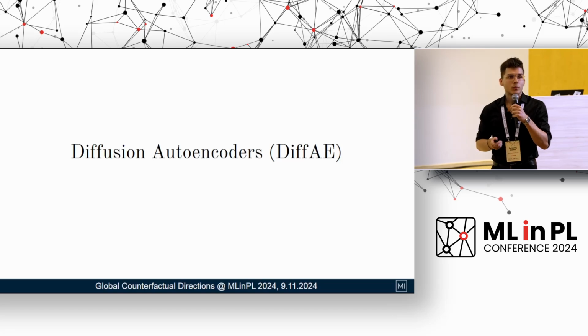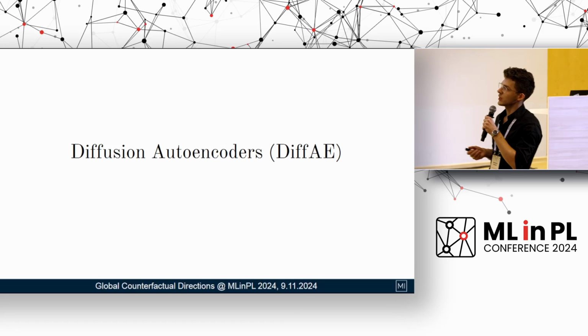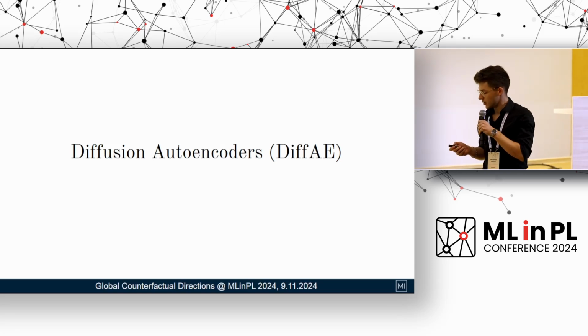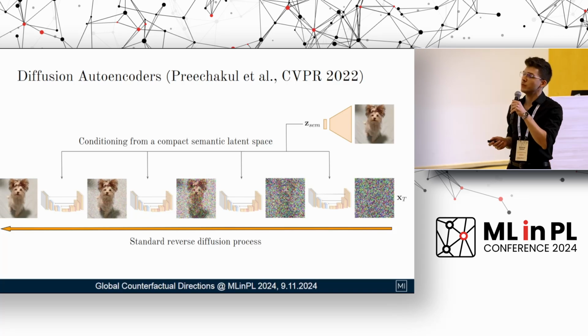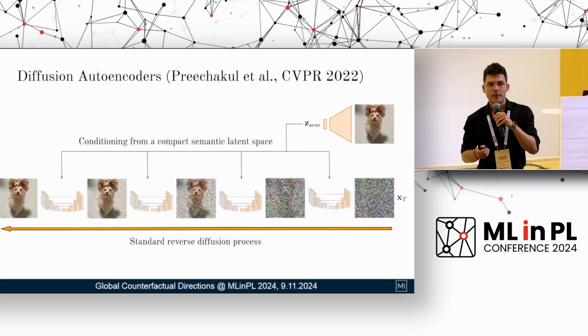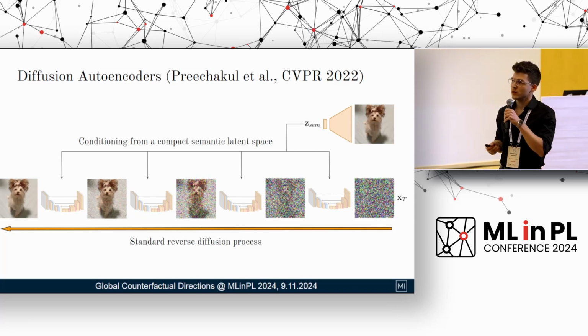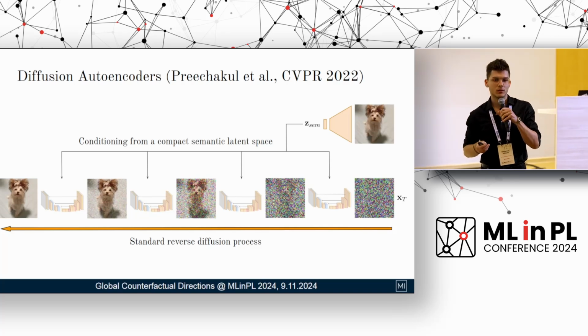So now I want to talk about the diffusion model that we are actually using for this problem. It's not a very standard diffusion model, because it's called a diffusion autoencoder, and it was published at CVPR 2022. And it's a very interesting concept, because as you could see in the previous talks, diffusion models operate in the same dimension as the images.